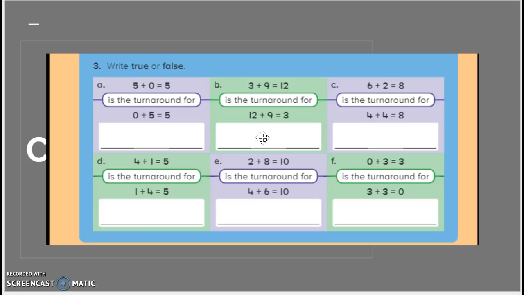If you are stuck, what could you do to help yourselves? Could you draw a hanger to find those turnaround facts and see if they match? Or what other tools could you use to help you get unstuck? Press pause until you are ready to move on after you've completed C, D, E, and F.